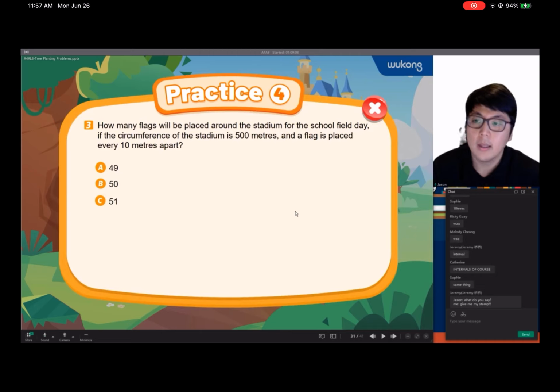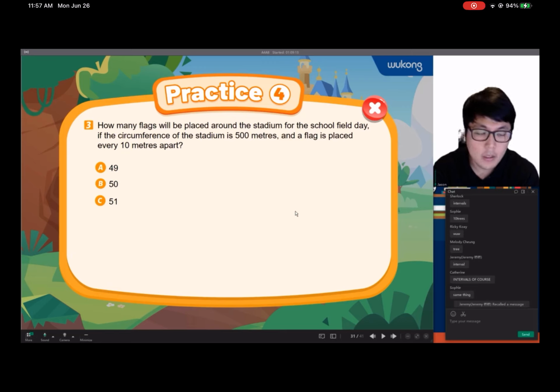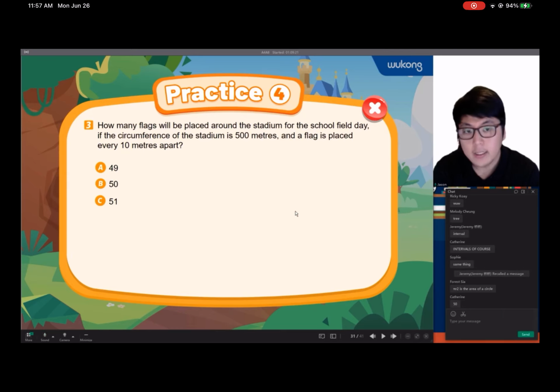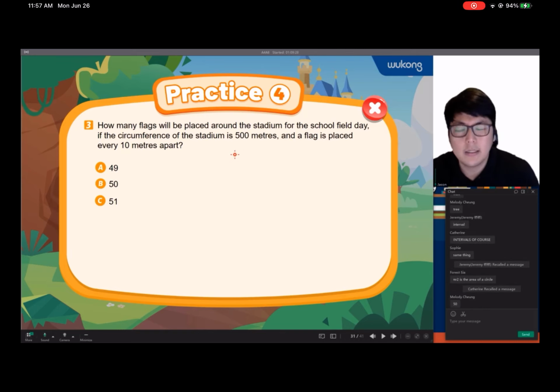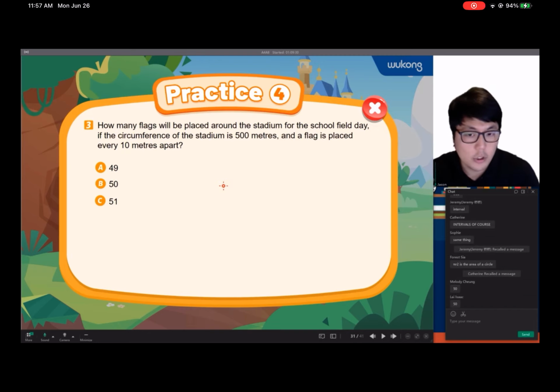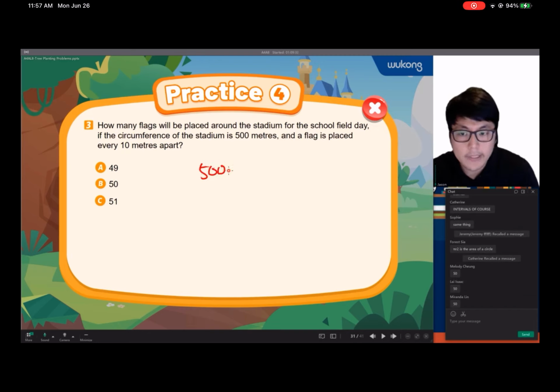And now, how many flags will be placed around a stadium for a school field day? If the circumference of the stadium is 500 meters and a flag is placed every 10 meters apart. Okay, this one is also easy because circumference means a circular stadium. So 500 meters divided by 10 meters equals what? 50 watts, everybody.